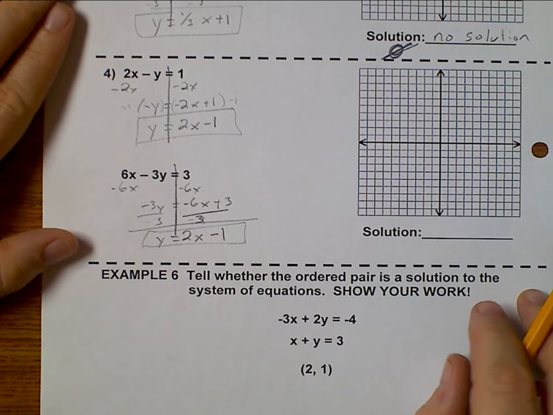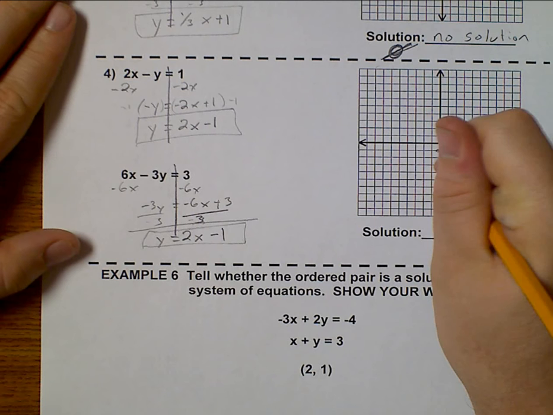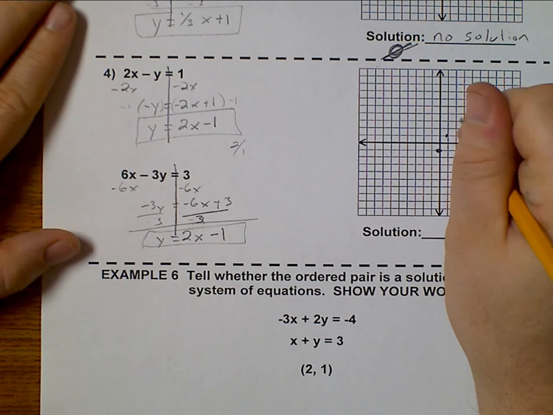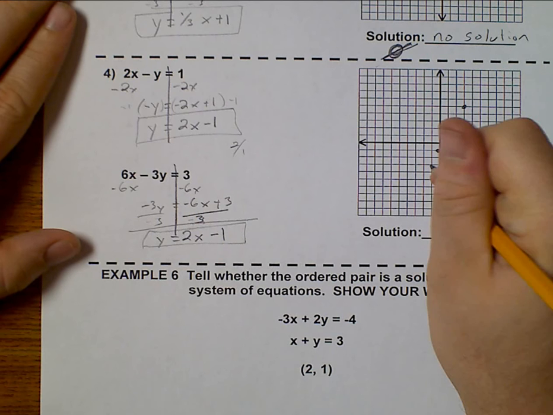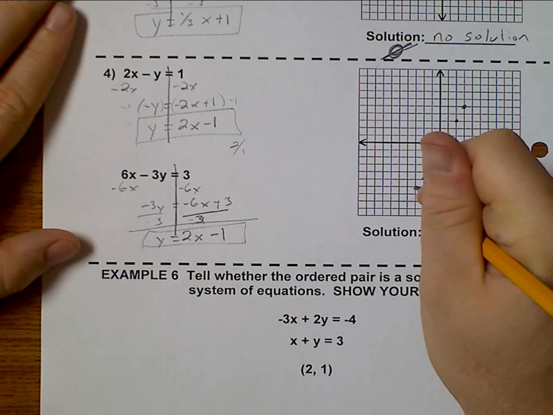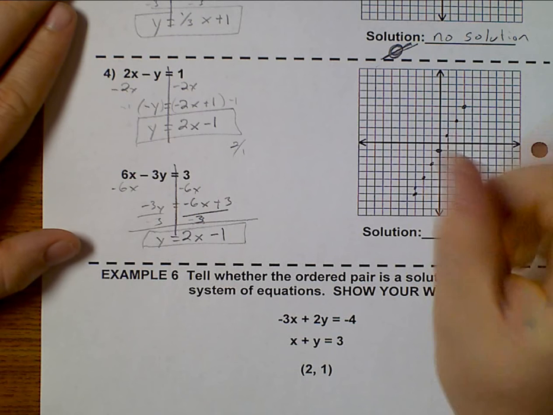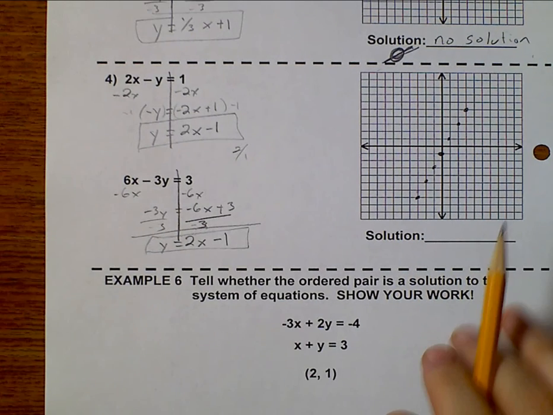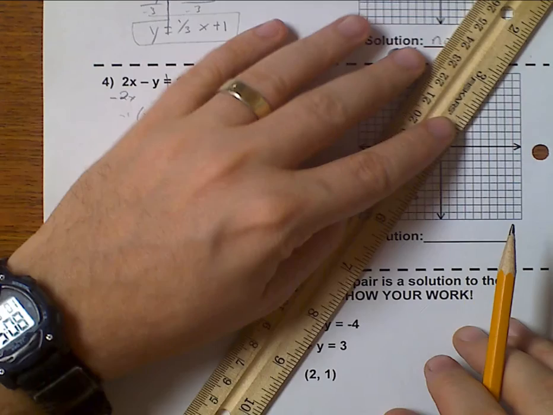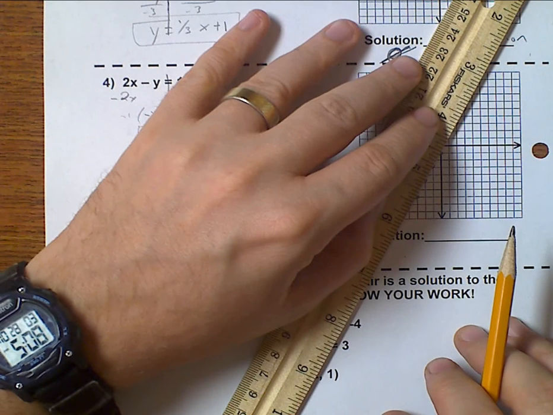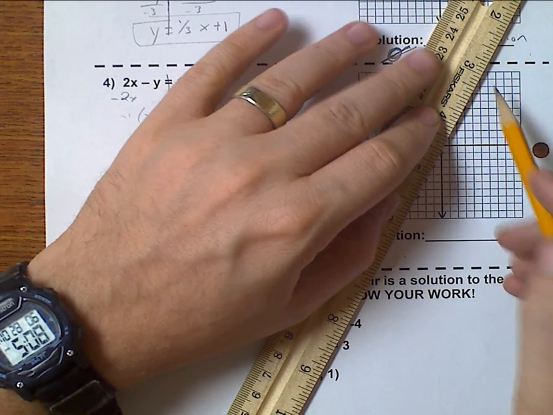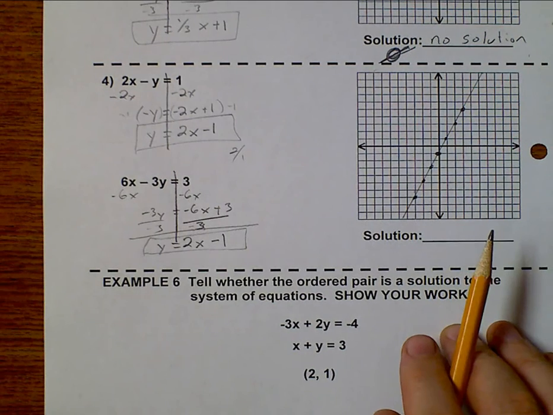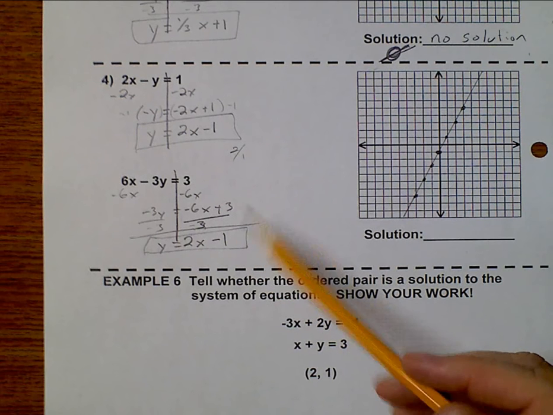I plot my lines. I start at negative 1. My slope is 2 over 1, so I rise 2, run 1. I go ahead and graph that line. And when I look at my second line, it's the exact same line.